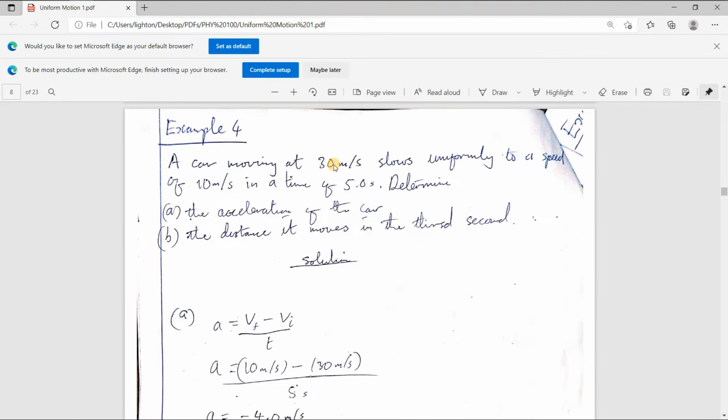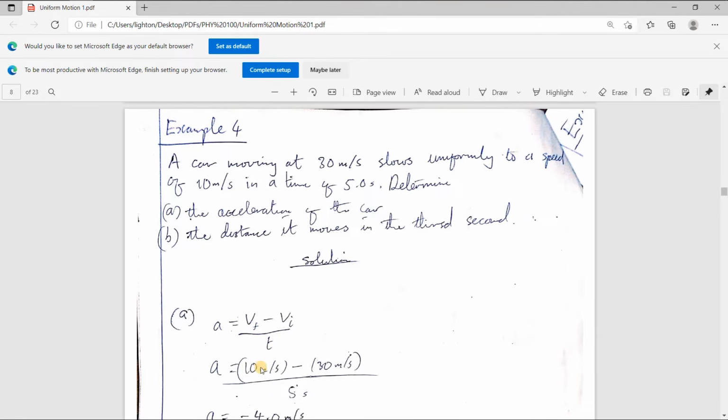Okay, so we have the initial velocity and the final velocity and the time. To find the acceleration, we're going to apply this formula, which we also applied in the previous example, I think. We'll just say a is equal to vf minus vi over t.